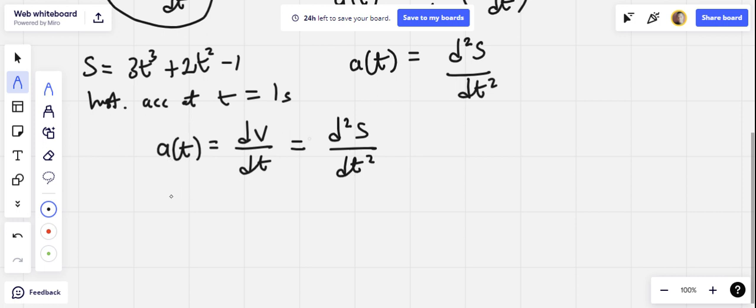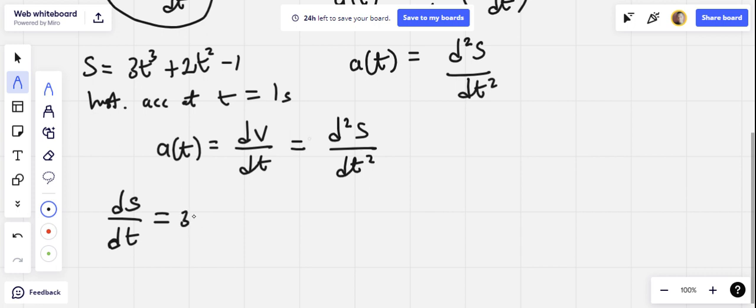So now, given our s, let's do the double differentiation of this s. The first one, ds/dt, will be equal to the power of t multiplied by the coefficient of t.